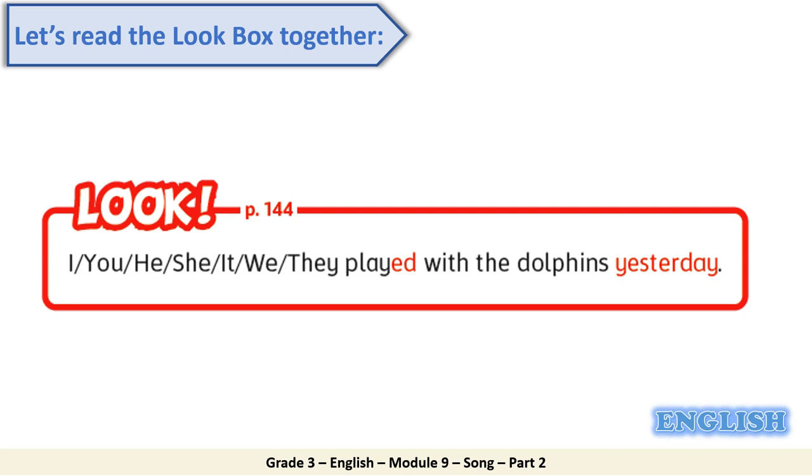What can you notice? Excellent! The verb played ends in ed because it is in the past. And the word yesterday shows us that the action happened in the past. Great job, my darlings!